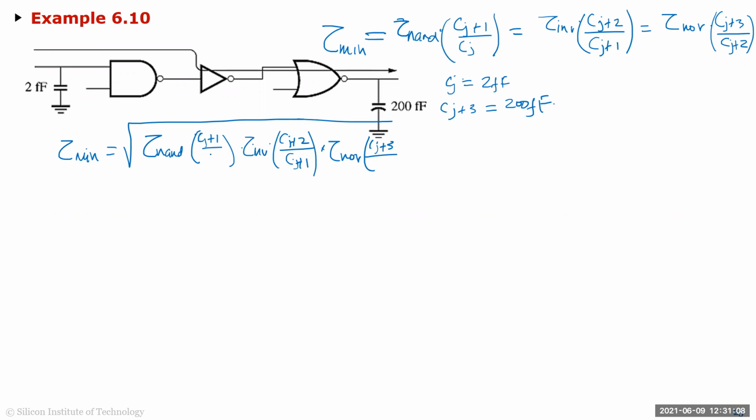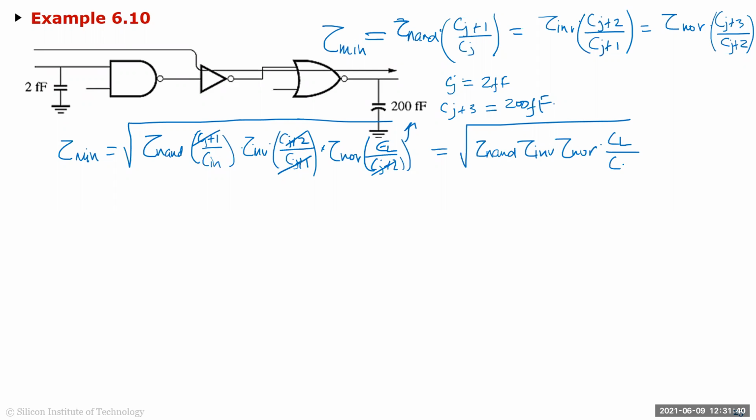But I can replace Cj with Cin here and Cj plus 3 with the load, I'll call it CL, divided by Cj plus 2, right? And then obviously the j plus 1 cancels, j plus 2 cancels, and this equals the root of all the self delays times the ratio of CL over Cin, right?